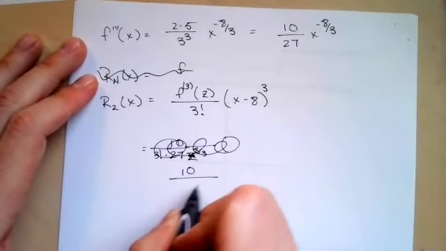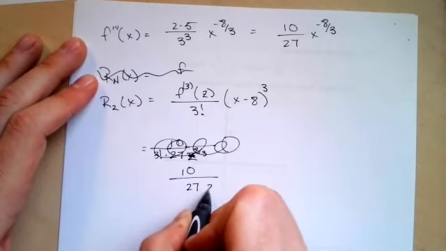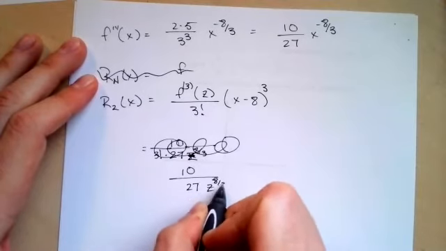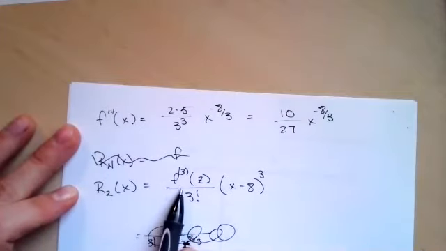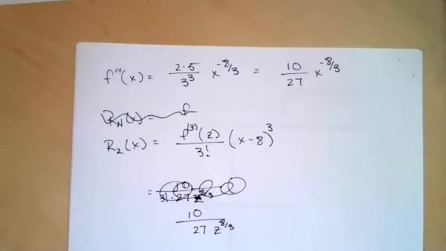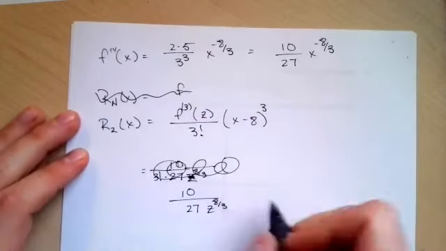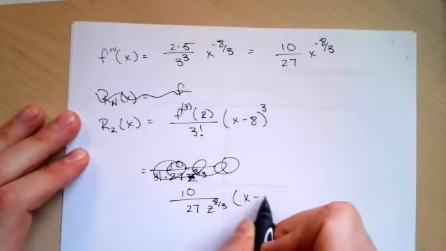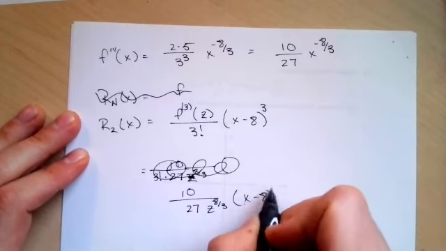So we had 10 over 27. We had a z to the 8/3. Remember, we want to evaluate f triple prime at some z, or I guess I shouldn't say it's an arbitrary z, it's a special choice of z that we'll work with in a second and try to find the bound. This term here is still our x value.